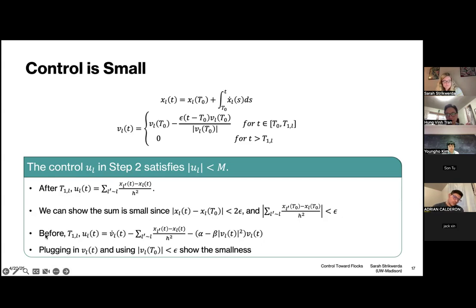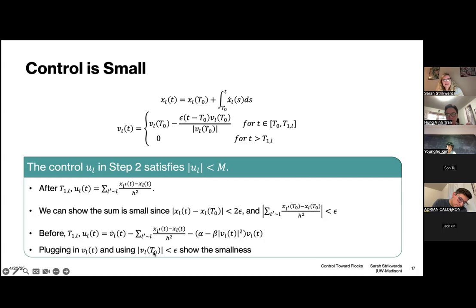And then before the T1L of UT, before this point, our UL actually has more terms here. And we can use the fact that XL is equal to this and VL is equal to this to plug VL into this equation.